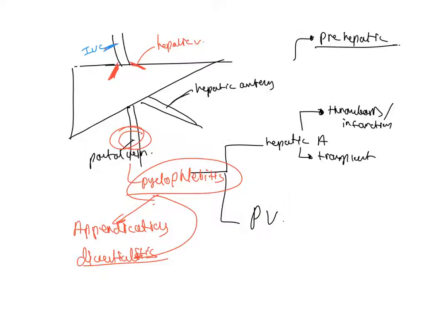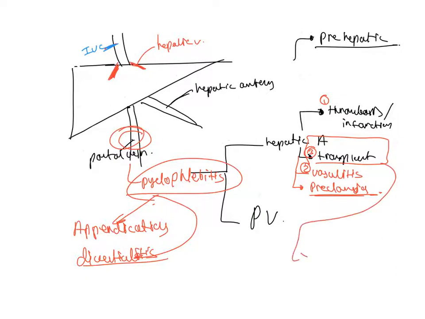The next one is hepatic artery thrombosis. So in this one, I would like to divide hepatic artery thrombosis into different causes. One is obviously thrombus. The second one is vasculitis. The third one is transplant. The fourth one is preeclampsia. So basically, when we transplant any organ, okay, this is quite difficult to understand.